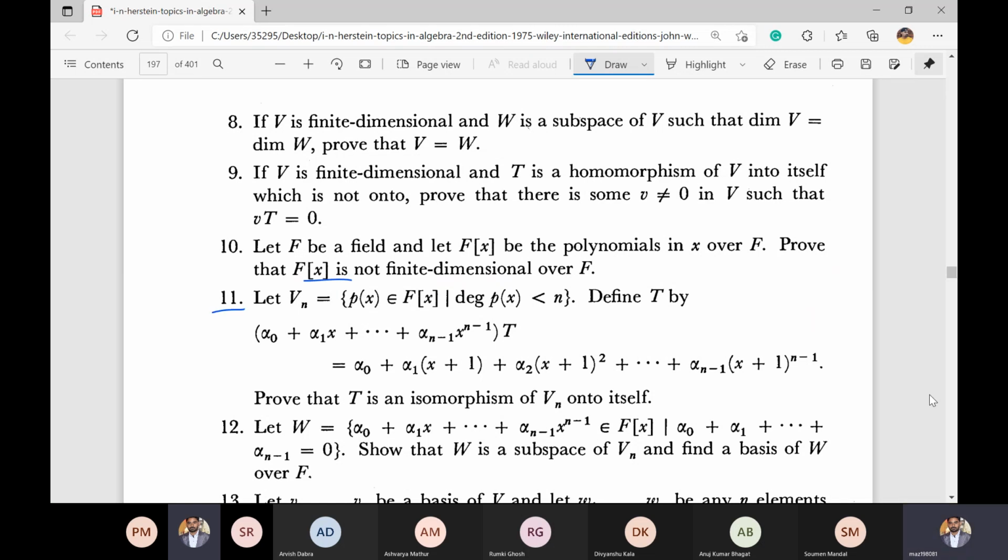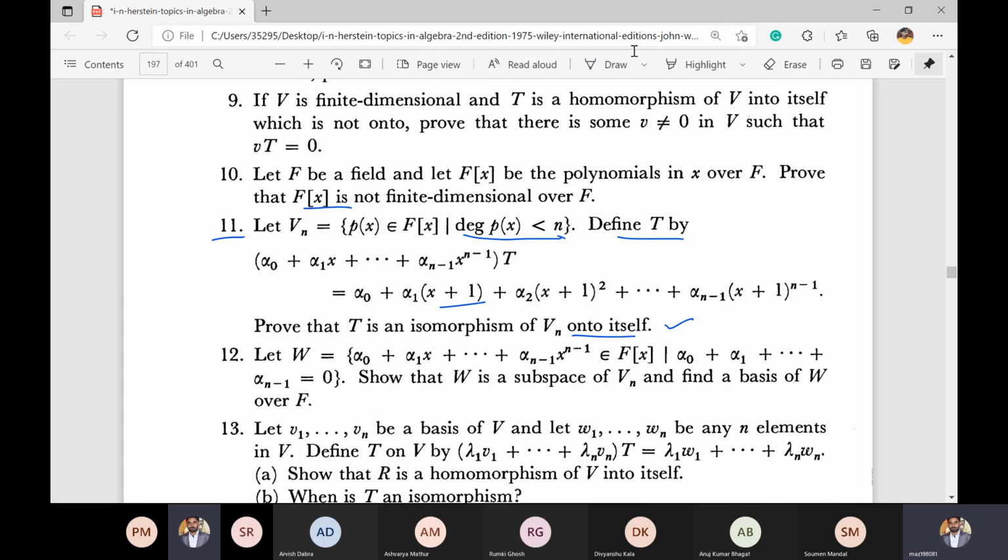Now question number 11. This P of x, its dimension is less than n. T is the map defined like this. What have they done? Just replace x by x plus 1 and prove that T is an isomorphism of V onto itself. So yes, it is an easy one.